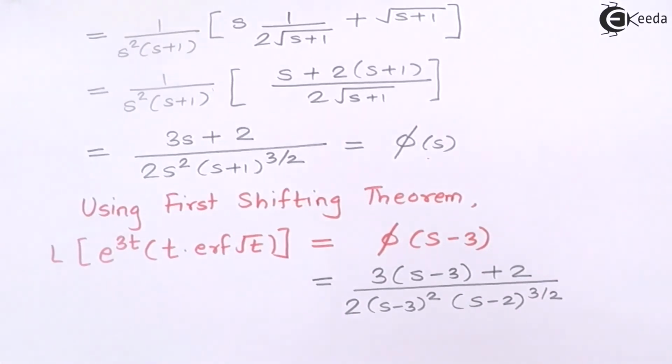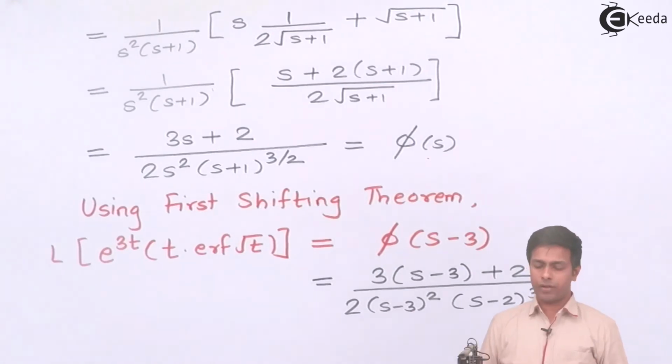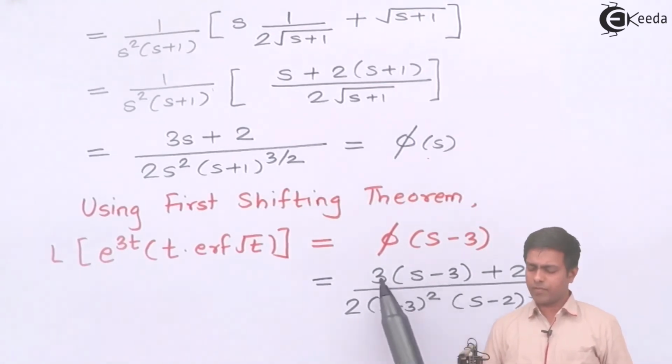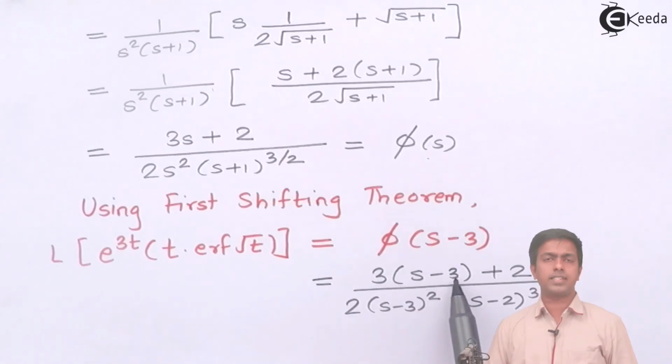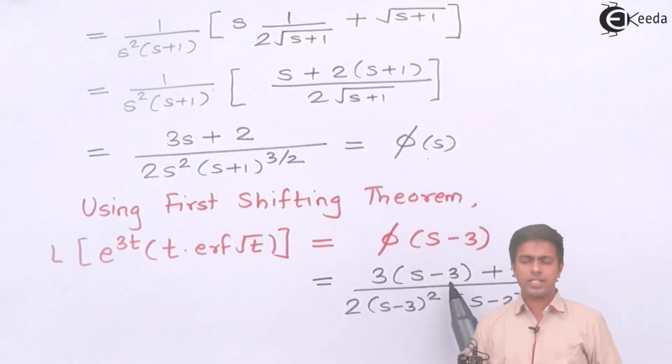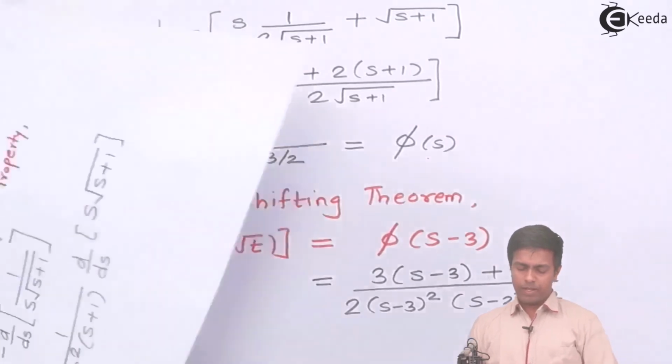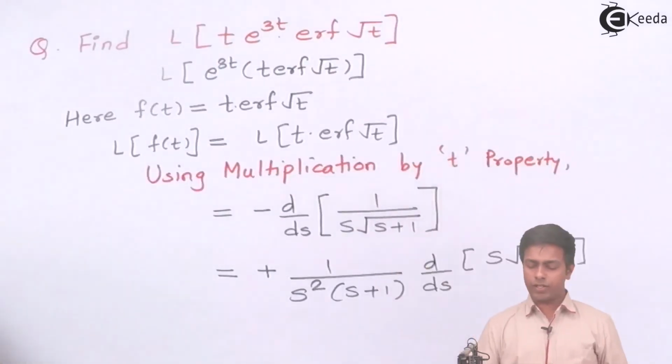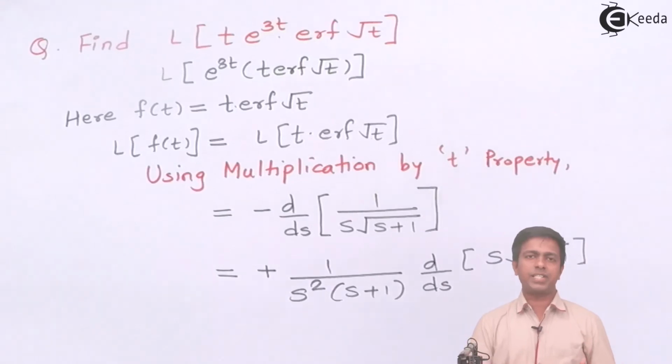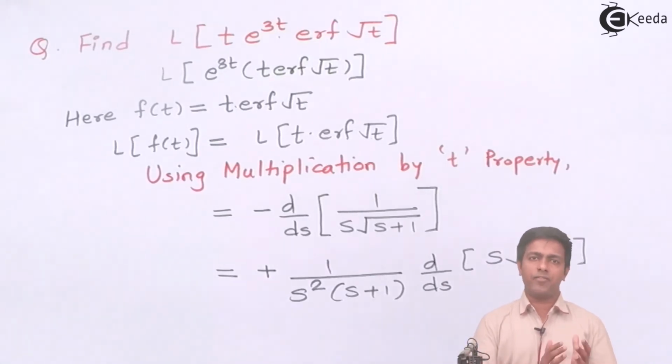And guys, this is the answer of the Laplace transform of the given function. So if you want, you can simplify the numerator as 3s minus 9 plus 2. That will become 3s minus 7, and the denominator will remain as it is. So here we got the Laplace of this given function by using the multiplication by t property and the first shifting property.